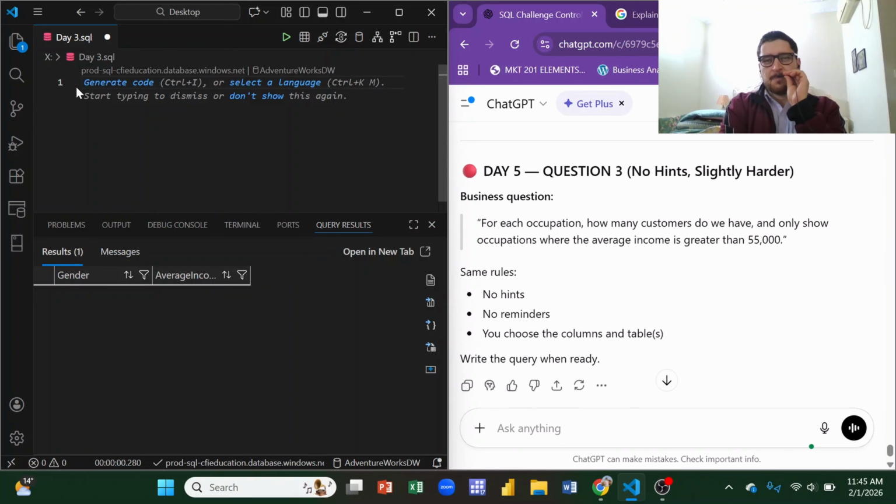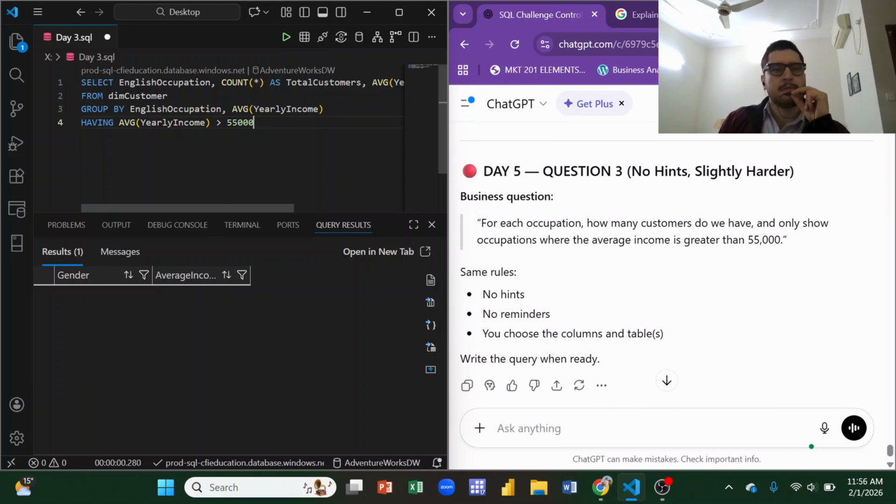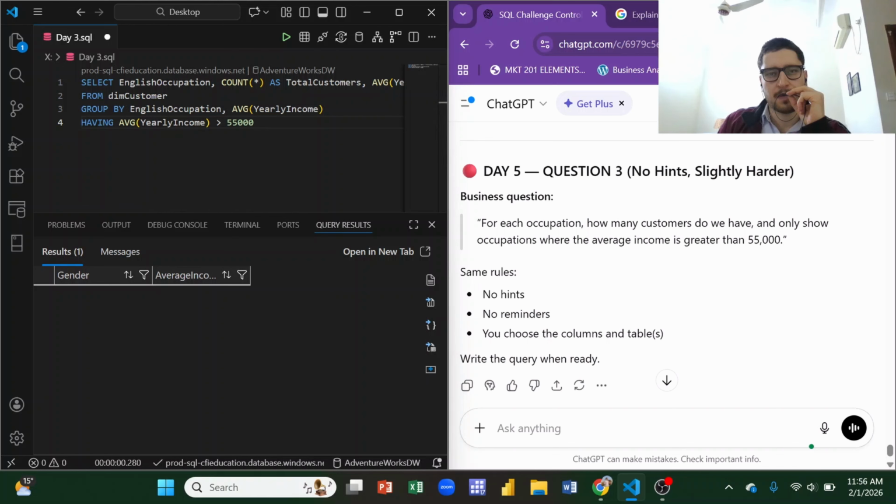Now, question 3. No hints, slightly harder. Business question: for each occupation, how many customers do we have? To solve this question, I broke it down into 3 basic parts. First was the occupation, second was the total customers, and the third was the average income for each occupation.